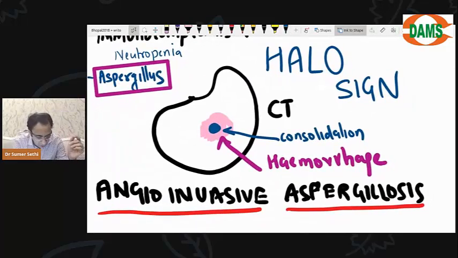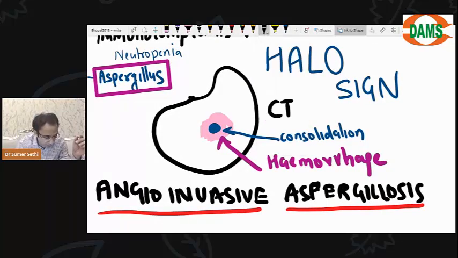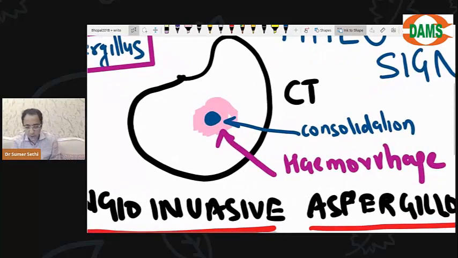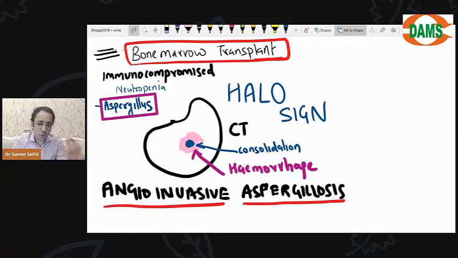Because you have central consolidation and surrounding hemorrhage. Center में consolidation है और आसपास hemorrhage है. Let's see if some of you can answer. Why do you have surrounding hemorrhage in this infection? Yes, this is a CT scan. Yes, correct. I've labeled it also. But can you tell me, beta ji, why you have surrounding hemorrhage?